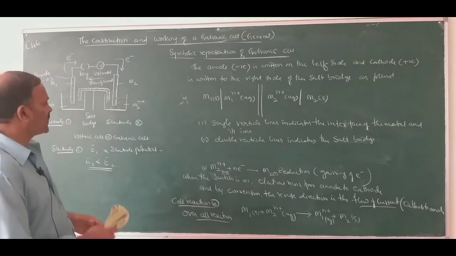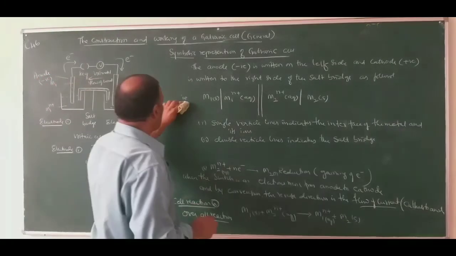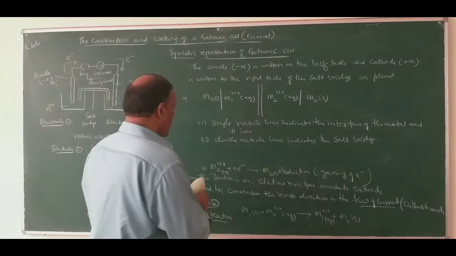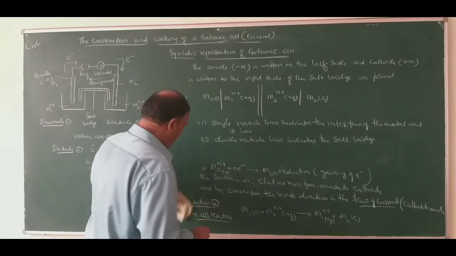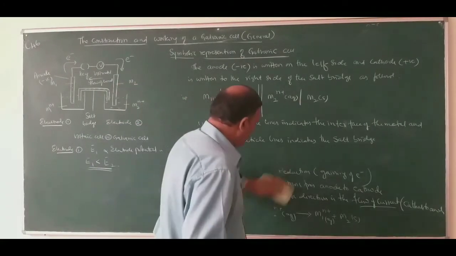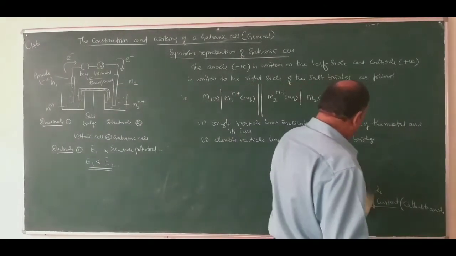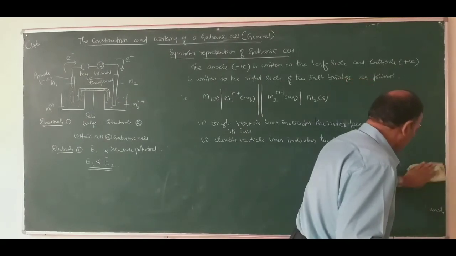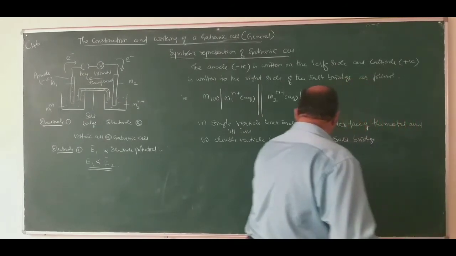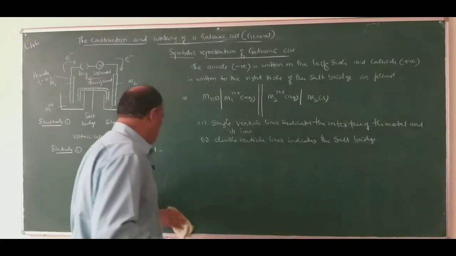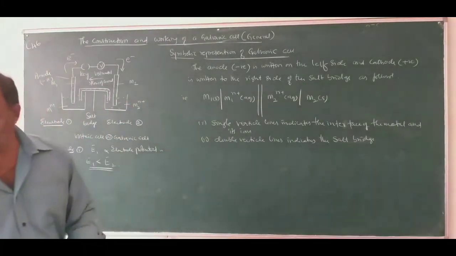The electrode whose electrode potential is high is made the cathode, where reduction takes place. So when two electrodes of different electrode potentials are connected externally through a wire and internally through a salt bridge, you will get a galvanic cell.